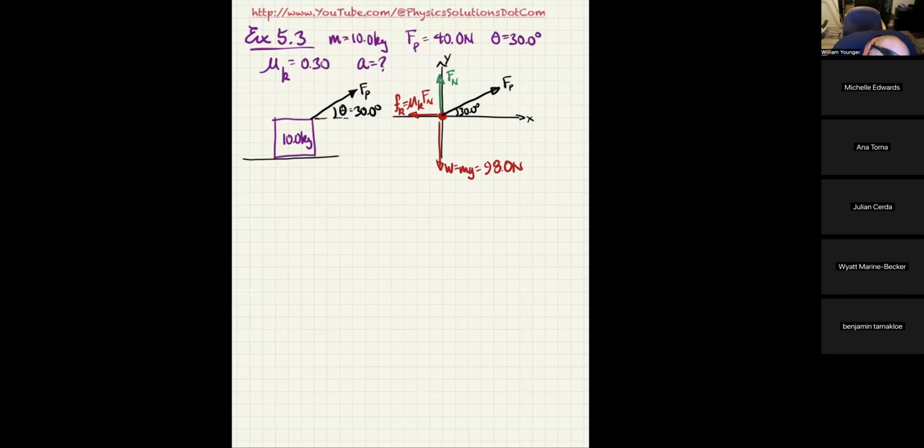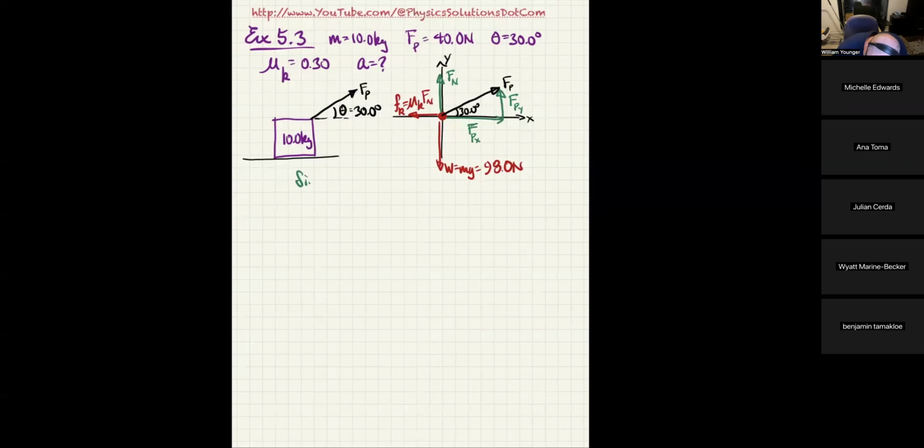Now I need to break FP up into components. It has an X component that is positive, and a Y component that's positive. So this is FP sub Y, and this is FP sub X. Until you get super comfortable with the trig functions, just go ahead and write sine and cosine for each of them and then solve.